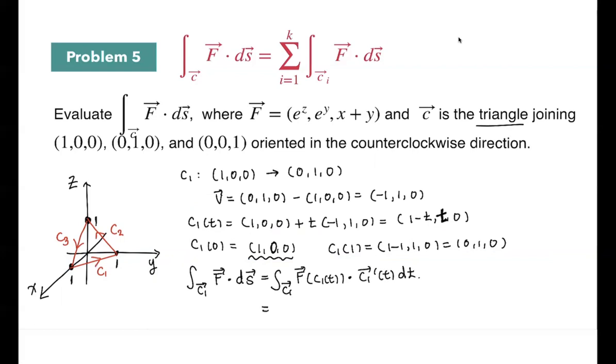Here it is better to use the interval from a to b, but here a is 0 and b is 1, because 0 comes from our start point and 1 comes from our end point here. Okay.